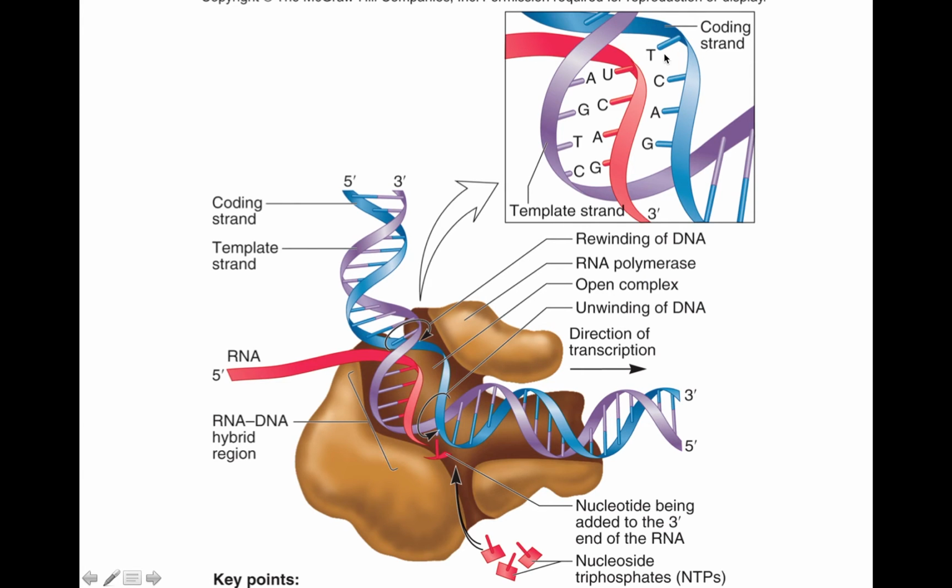It contains nucleotide sequence that's the same as the RNA transcript. The purple strand here is called the template strand. The nucleotides of the template strand are complementary to the RNA. The template strand actually is doing the work here. It is the strand to which the incoming RNA nucleotides hydrogen bond, and RNA is actually synthesized off of the template strand.